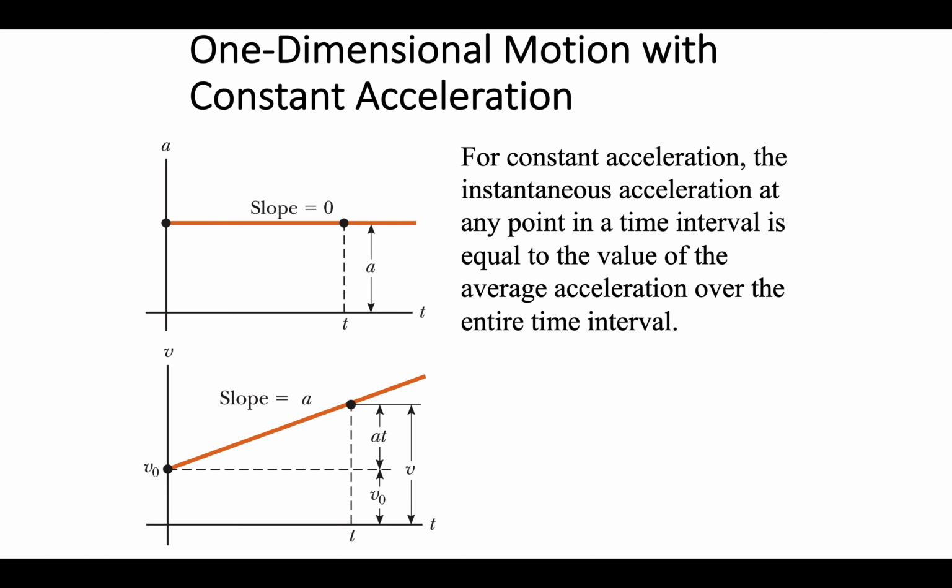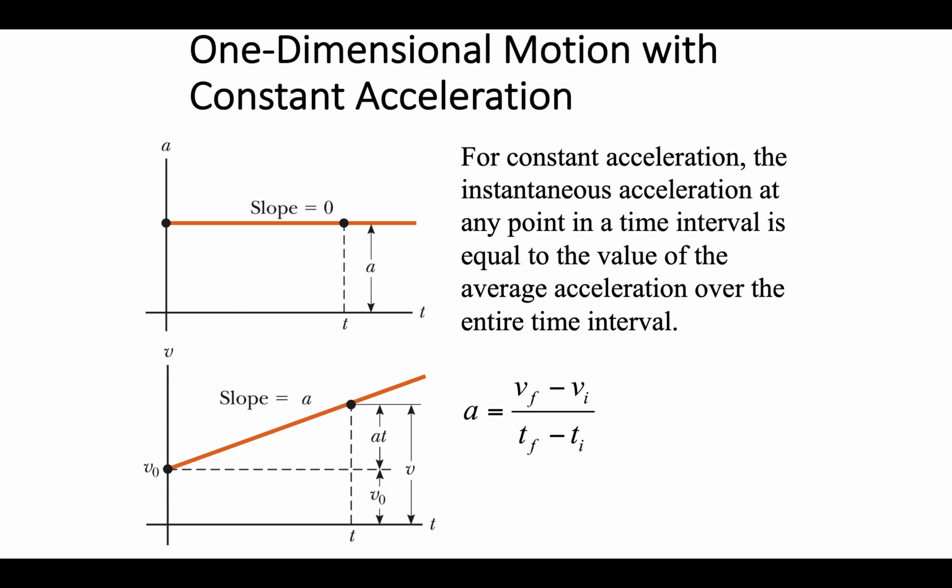And that means that the instantaneous acceleration at any point is going to equal the average acceleration for the entire time interval. There's no difference between an instantaneous and an average acceleration if the acceleration is always constant.